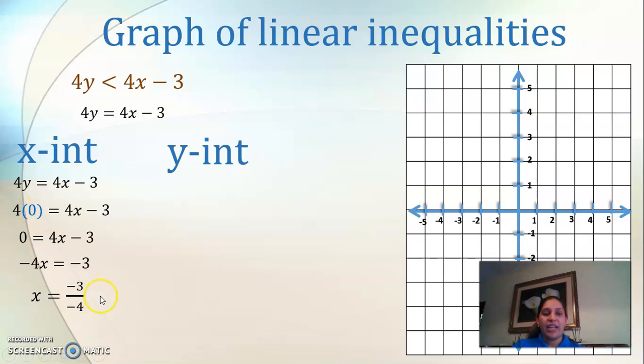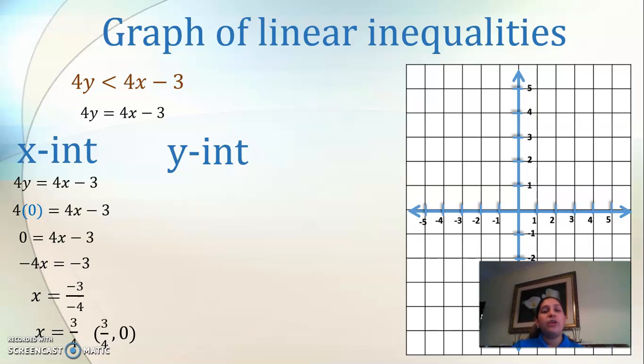Now that I have it like this, negative divided by negative becomes a positive number. So I have x equals 3 over 4. Now, can I simplify this fraction? No, I cannot. So I'll leave it there, and I'm going to see which is my ordered pair for my x-intercept. My ordered pair for my x-intercept is 3 over 4, comma 0.